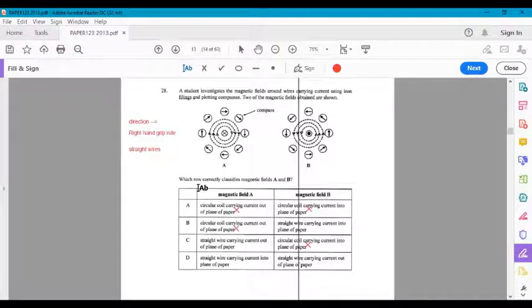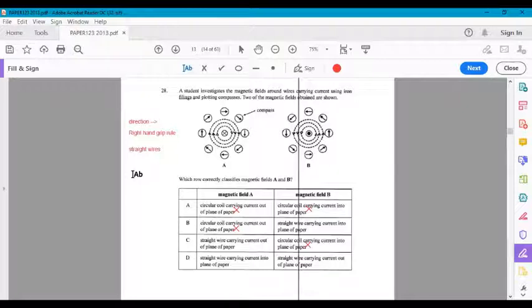Now let's make sure that we're absolutely correct by investigating the direction and make sure that it matches our answer, okay? So carrying current into the wire, these diagrams in the middle, the cross and the dot, are drawn to show what you would be seeing if you were standing in front of the wire.